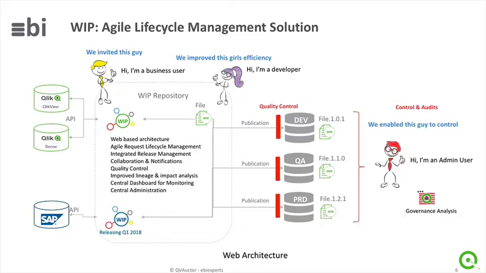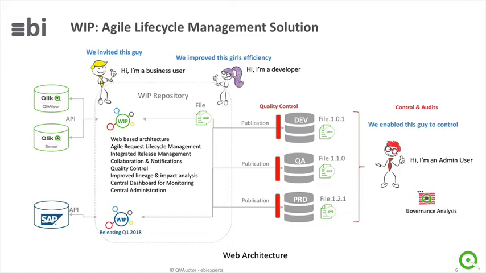So WIP is a web-based architecture, providing you with the latest technologies. It's managing your agile request lifecycle management. It's doing your integrated release management, your collaboration and notifications between business users, developers, and administrators. It's ensuring quality control, it improves the lineage and impact analysis, and has a central dashboard for monitoring and central administration.